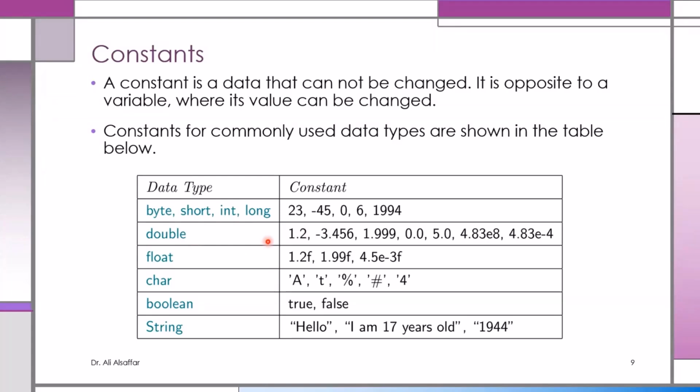But if you don't want it defined as double, maybe because you want to reduce the size of your program, then you have to append it with F. Then the compiler will allocate 4 bytes for it, not 8 bytes. For single characters, use single quotes. For strings, use double quotes.